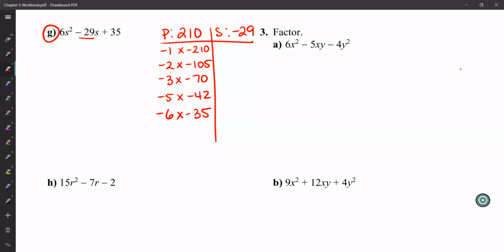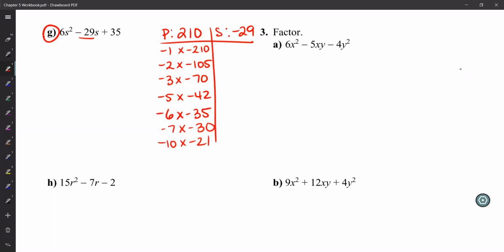Okay, so I'm still not quite there yet. I have -7 times -30. Still not getting negative 29 for my sums here. So it must be a bit of a bigger number. 8 doesn't go in, 9 doesn't go in. 10, of course, goes in, -10, -21.